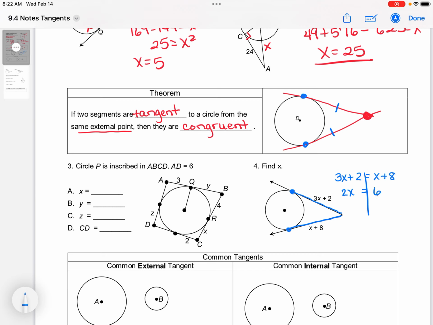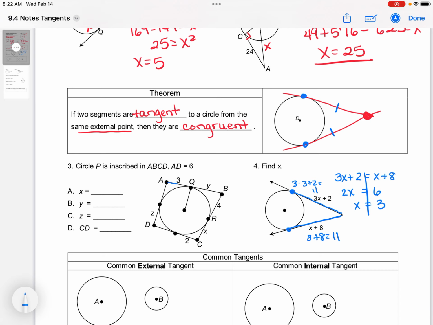So 2x equals 6, x equals 3. So that means that 3 plus 8 is 11, and 3 times 3 plus 2 is 11. So it checks out. Okay, so basically number 3 is just a whole bunch of tangents.